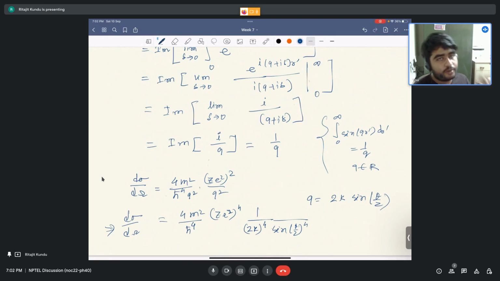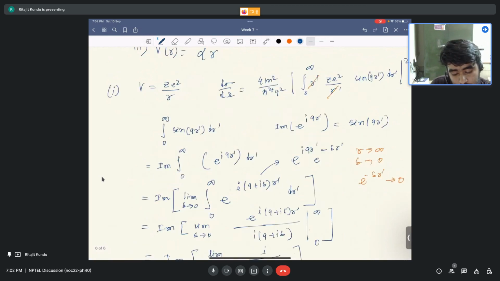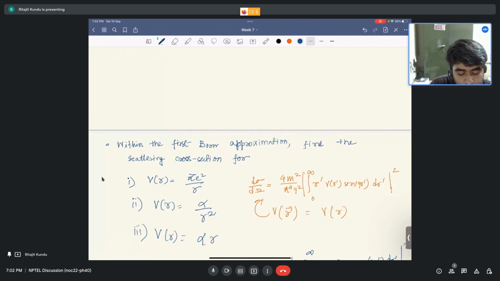So let's start from a different kind of interaction, and let's try to find a good fit to the experiment. Okay, so this is how the experiments are done. This is really very useful, and in particle physics experiments, this is the main crux of the computations. So that was something about scattering cross sections.